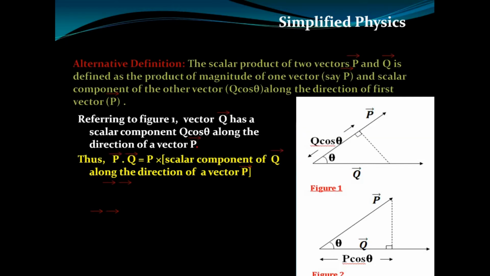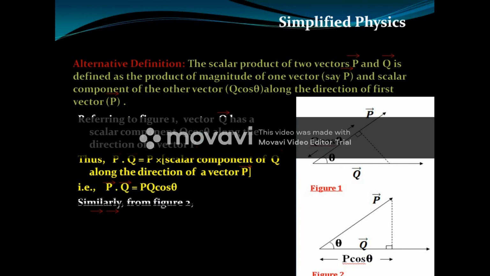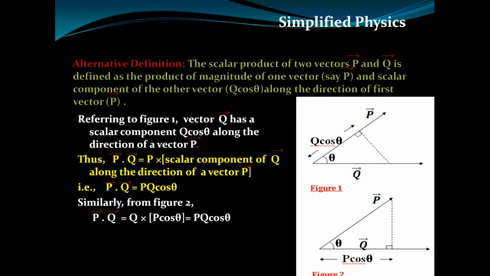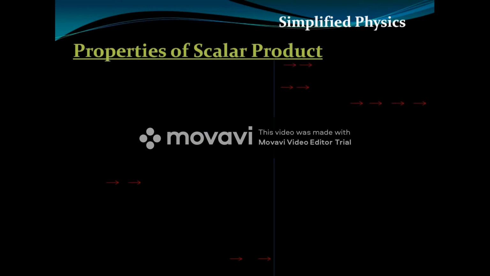Then we get p vector dot q vector as pq cos theta. With reference to the second figure also, we can define p vector dot q vector as the magnitude of q vector times the scalar component of the p vector along the direction of the q vector, that is simply pq cos theta. So in any way you can find the scalar product of two vectors.